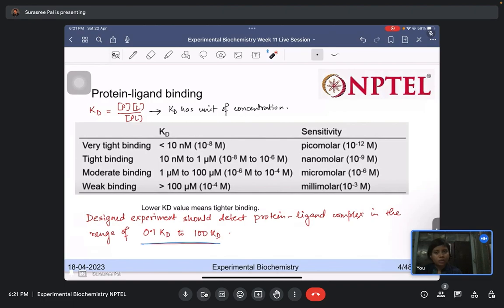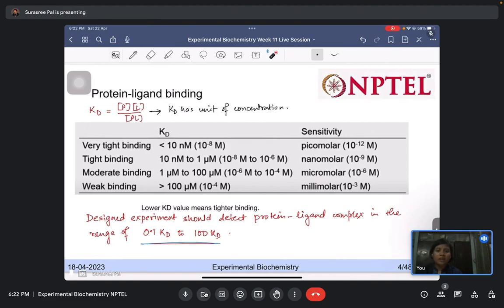So we know our protein, we know our ligand, and we should have a preliminary idea of the range in which this protein and ligand will interact. So for their binding, we should have an idea about the Kd, or dissociation constant, range.